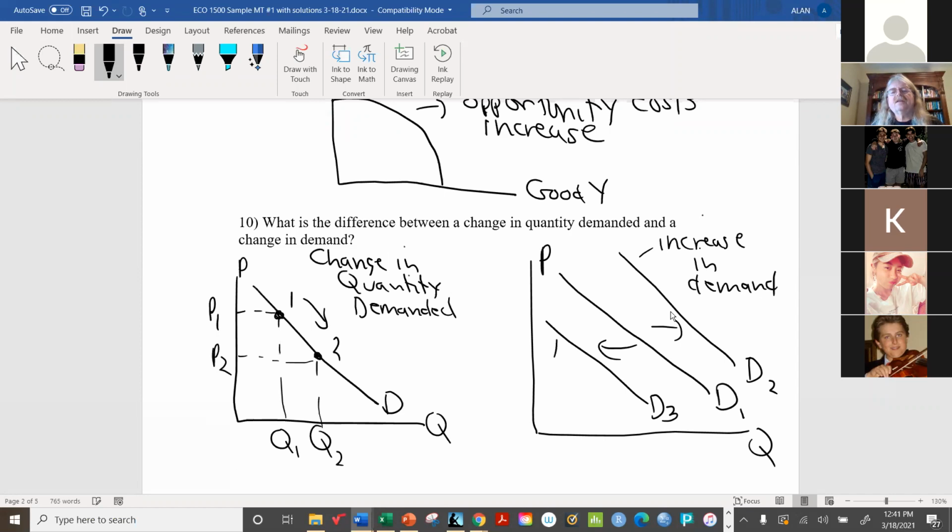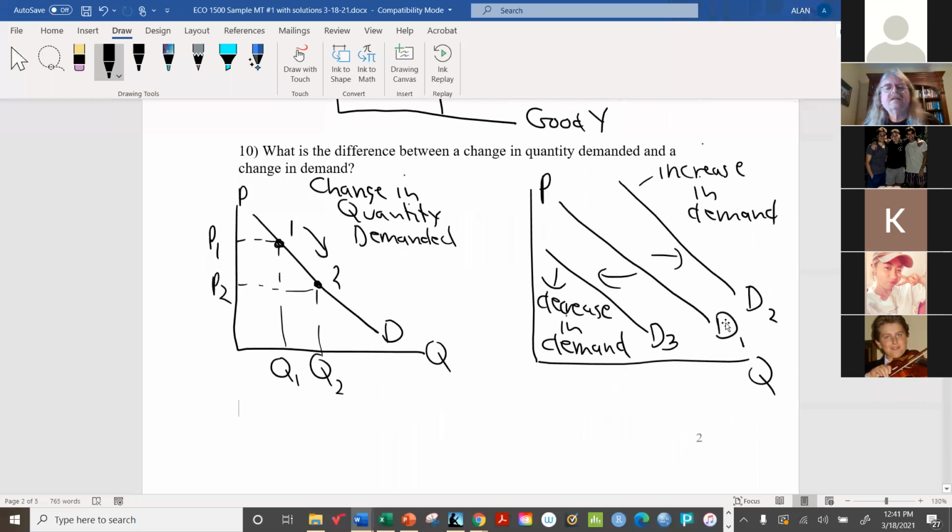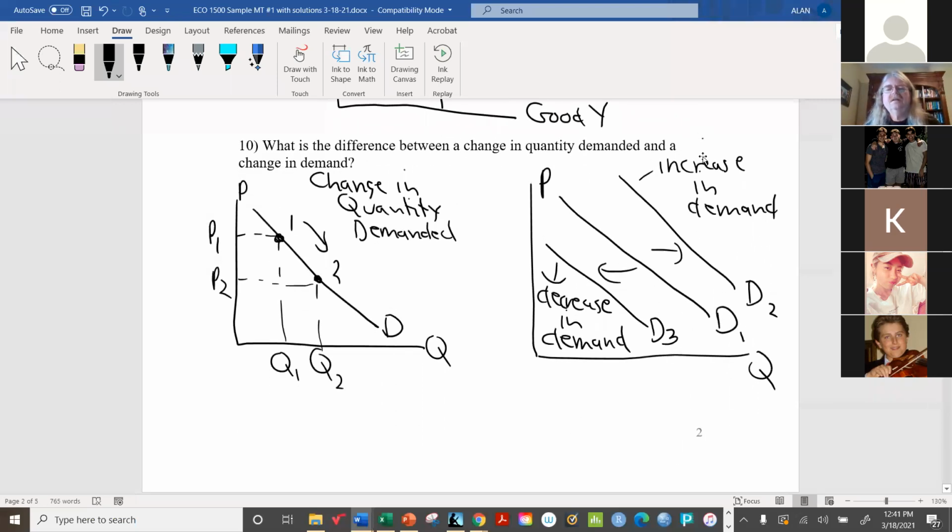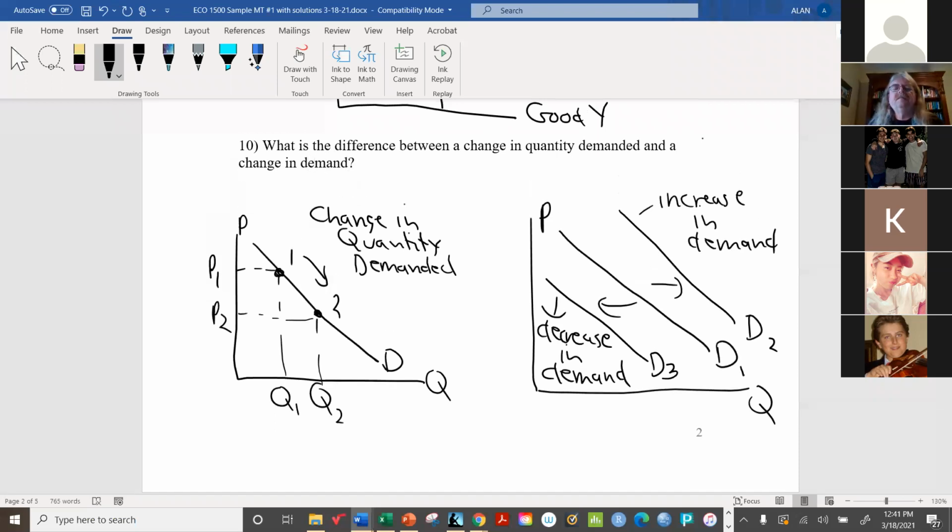And the one on the left, this is a decrease in demand. Both of these are collectively referred to as changes in demand. All right. So this is what the pictures look like.